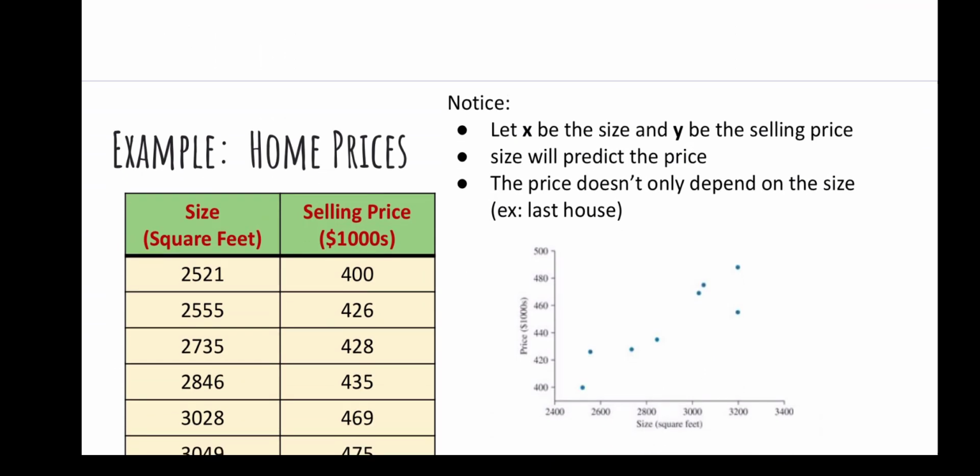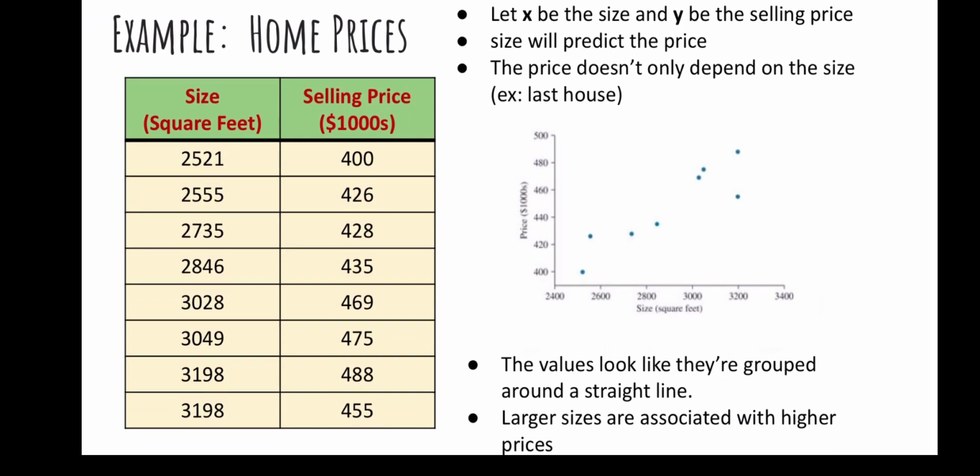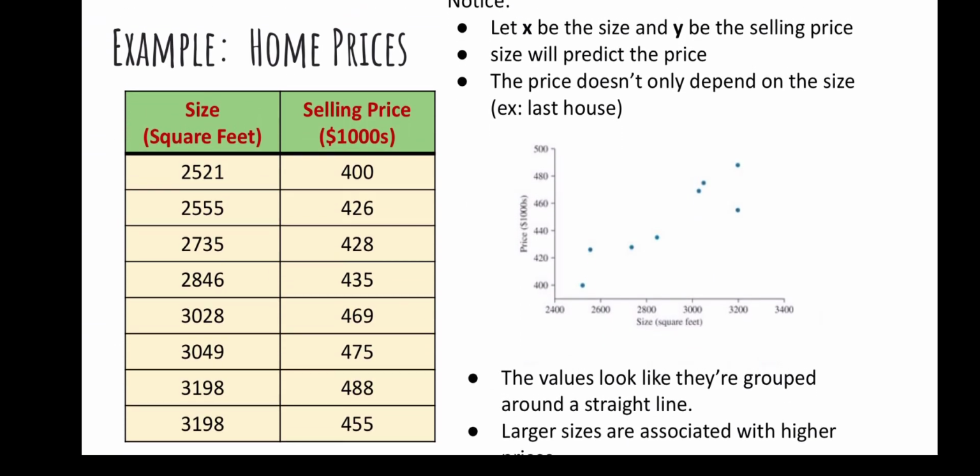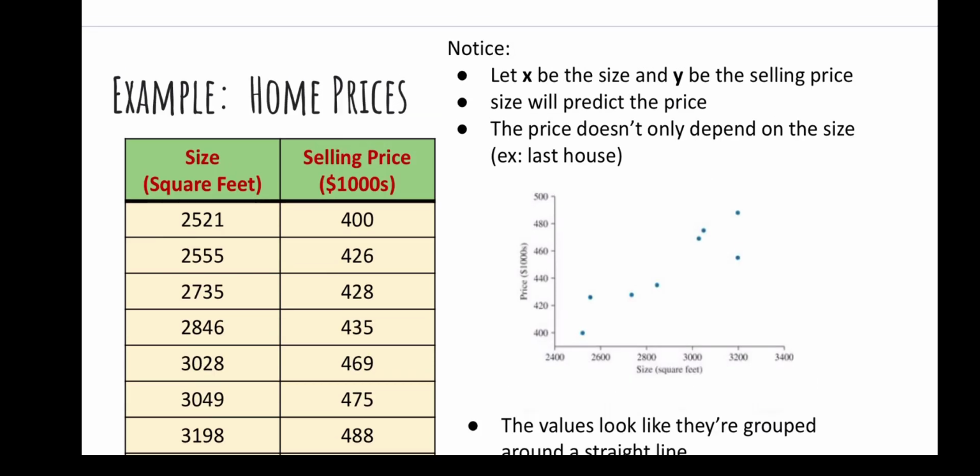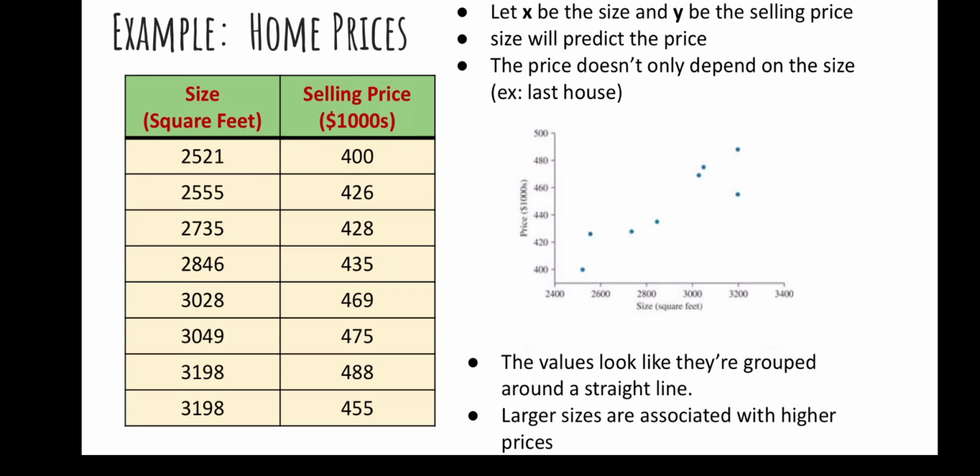So let's take a look at this example. There's quite a few things going on this screen. Over here, we have home prices and a table of values. On the left side, we have the size of the house in square feet.